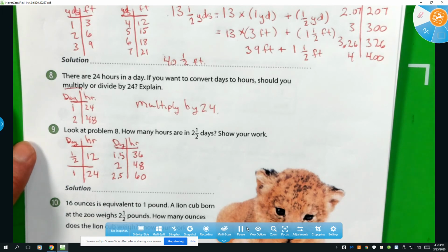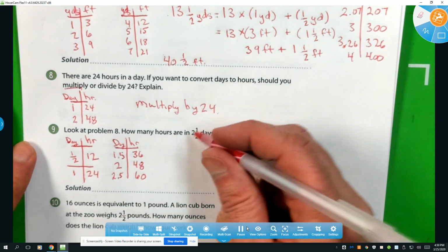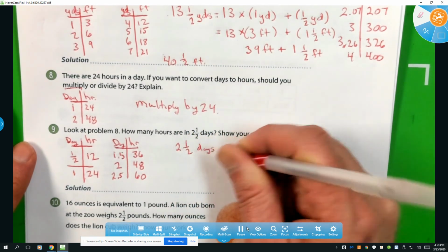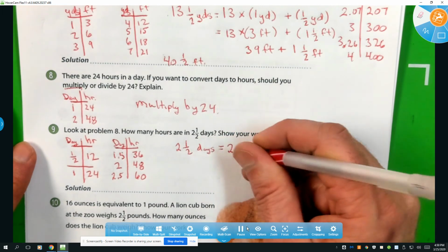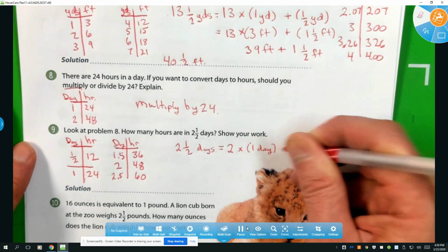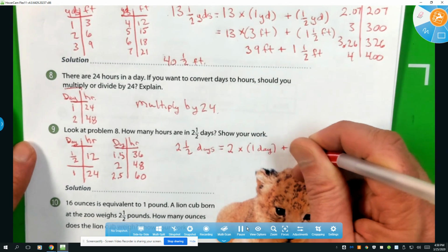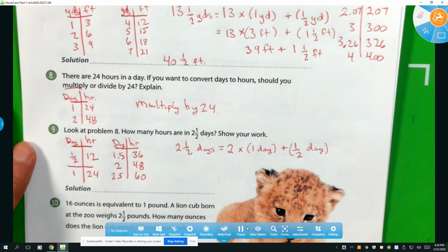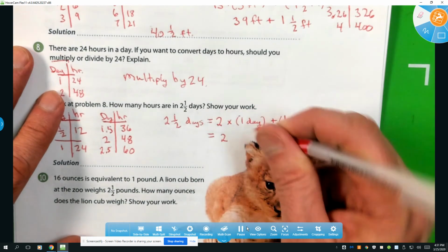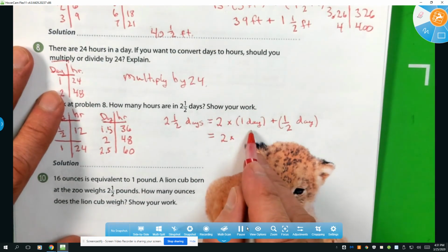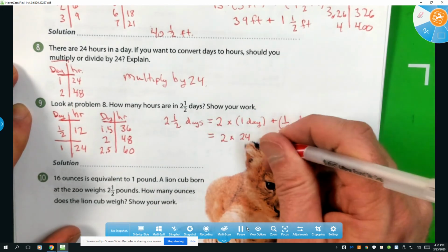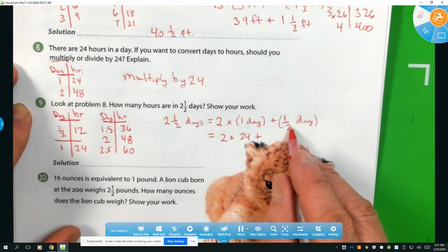Okay, now we could do it with the table, but we could also do it this way. 2.5 days equals 2 times 1 day plus 1/2 day. Now let's convert. So that's the same as saying 2 times, what's our conversion for one day? 24 hours. 2 times 24 plus 1/2 of 24.